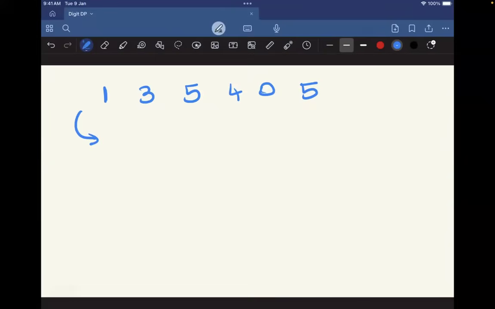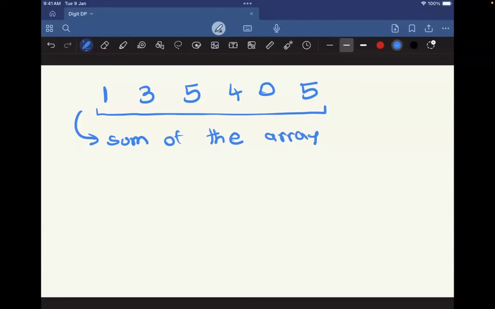So in this case, the answer is just the sum of the array. Yes or no, guys? When all numbers are positive, you can just give the sum of the array. Put a yes in the chat if this is clear.